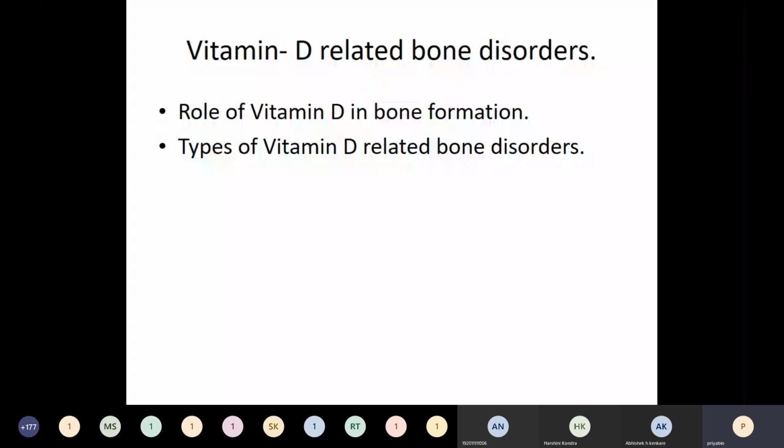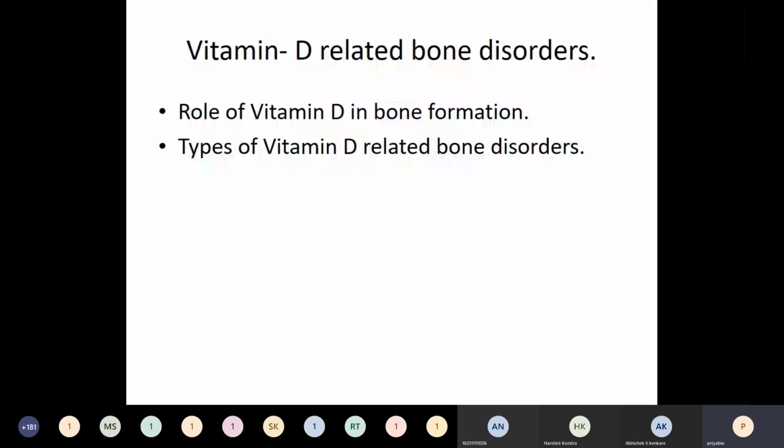You are all very familiar with vitamin D related bone disorders. What I want you to write in the beginning as an introduction is, first, why you are relating vitamin D with the bone. What is the role of vitamin D in bone formation? Vitamin D increases mineralization of the bone by increasing the osteoblasts.